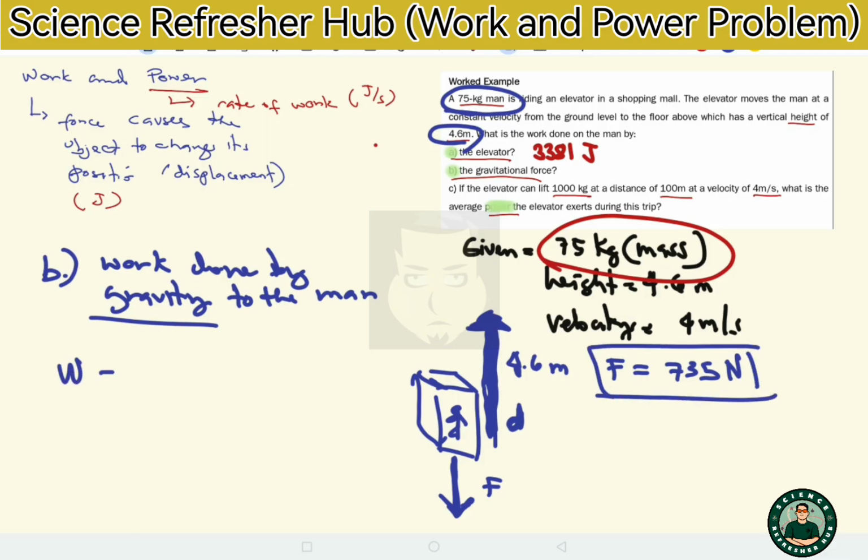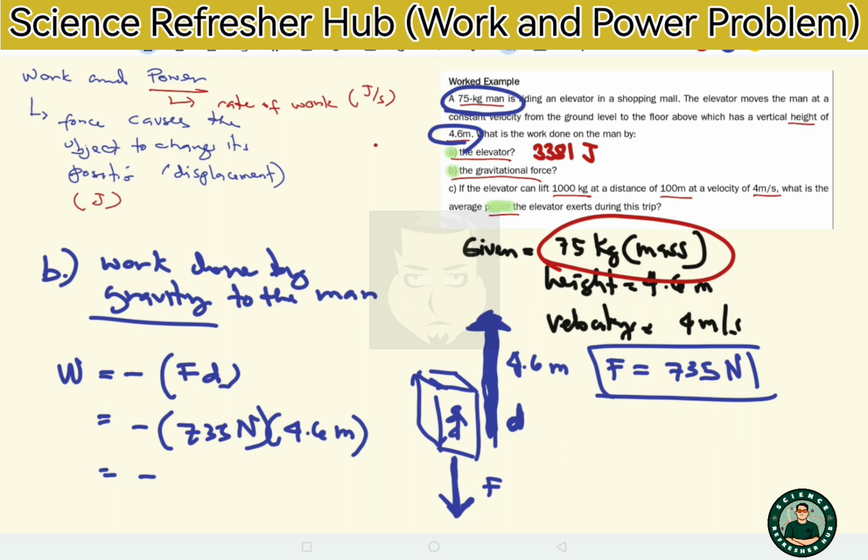So formula to get the work, but this time the work is done by gravity. So again, we will just put it directly negative here so that we will have a negative answer. So force times displacement. So it's negative. The force is 735 Newton. And so we have displacement of 4.6 meter. Okay. So the answer, 735, we did it already.